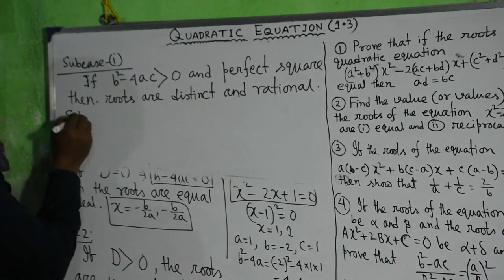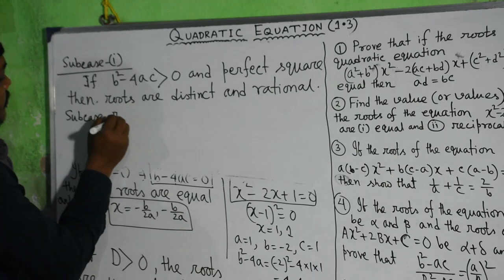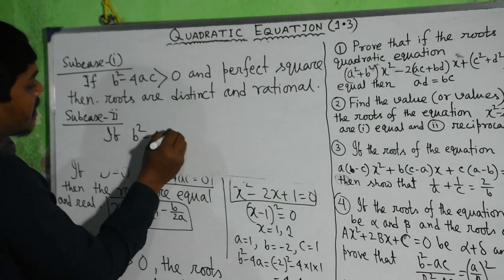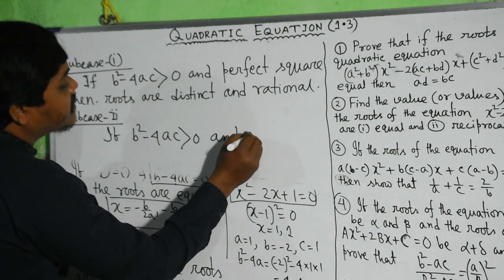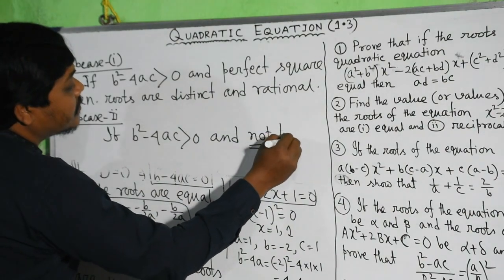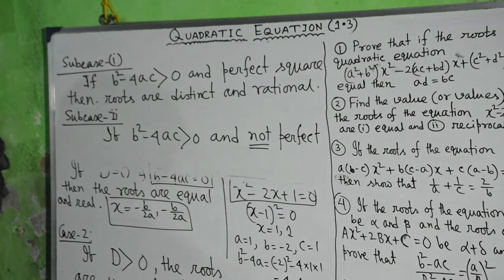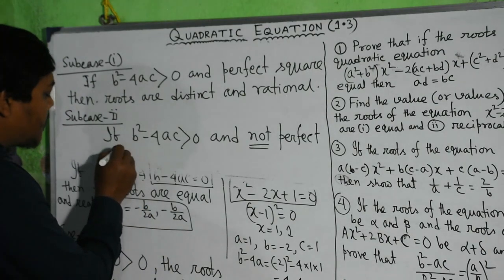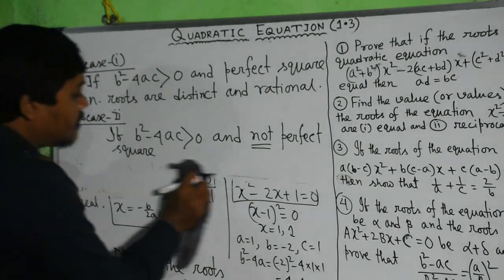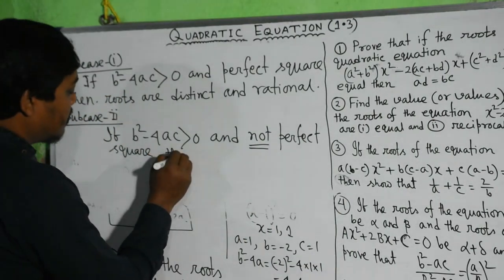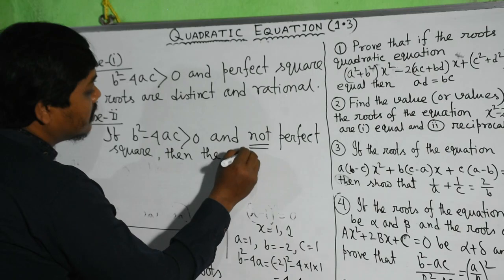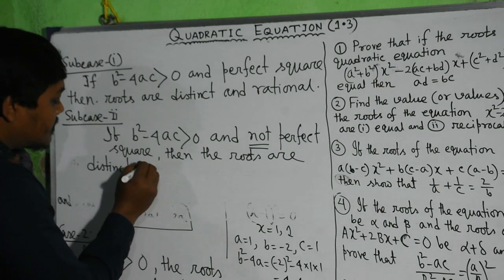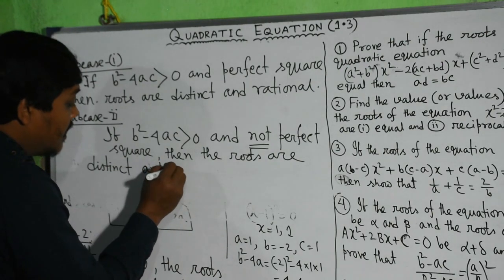Subcase 2: if b square minus 4ac is greater than 0 and not a perfect square, that means the number is like 5, 7, 3, 11, 13, 15, 14, not a perfect square, then the roots are distinct as well as irrational.